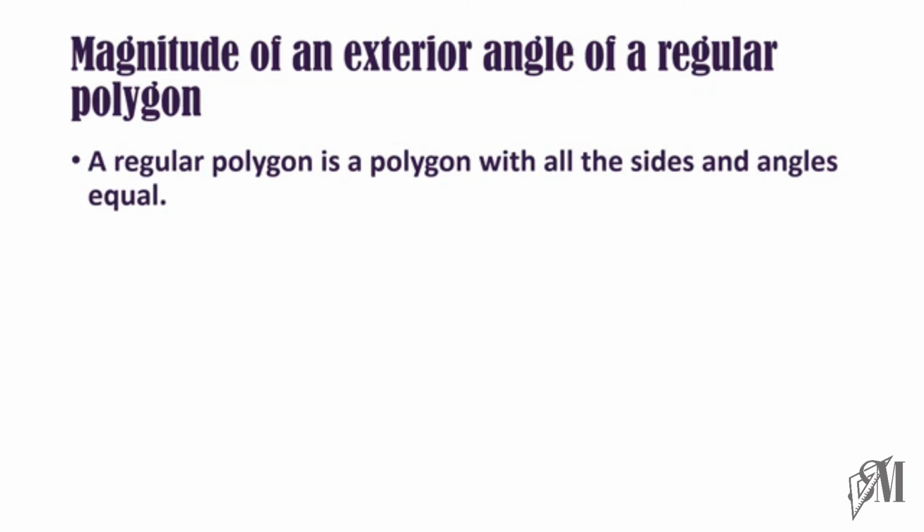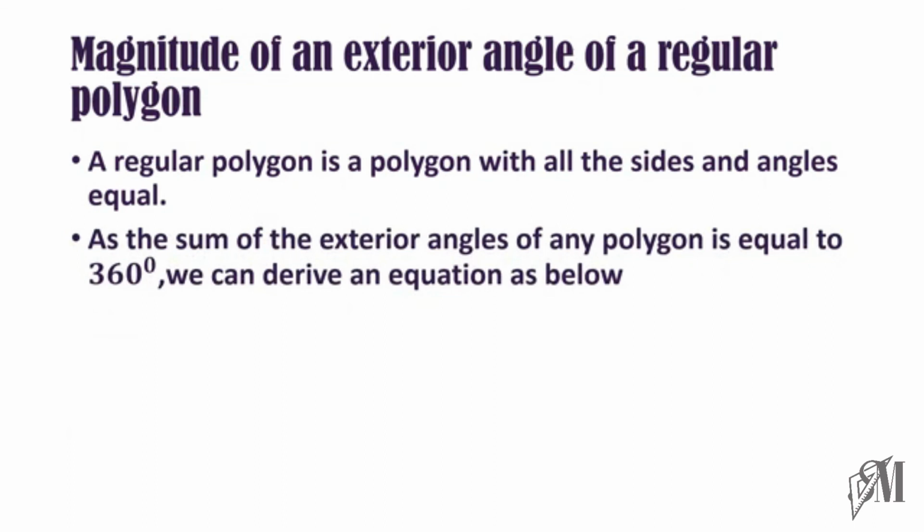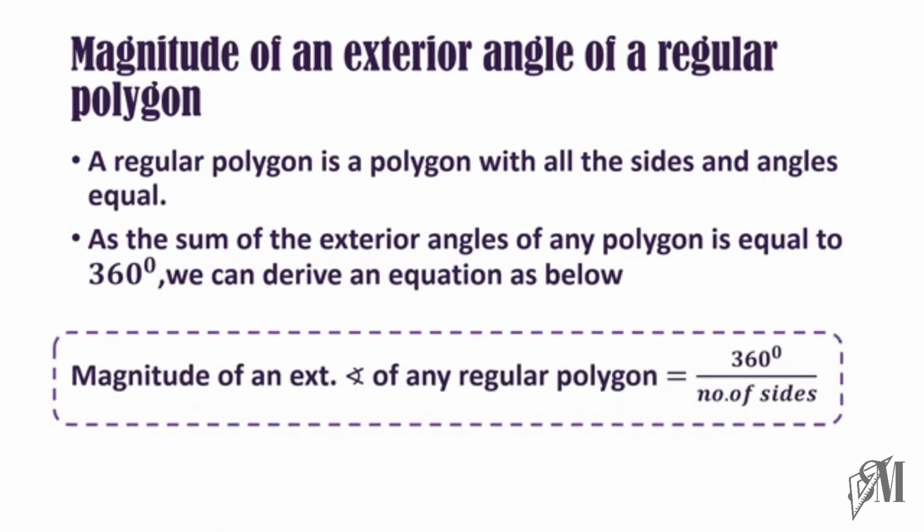Now, here, what we are going to find out is the magnitude of an exterior angle of a regular polygon. You know, the sum of exterior angles of any polygon is equal to 360 degrees. So, we can derive an equation like this. Magnitude of an exterior angle of a regular polygon is equal to 360 divided by the number of sides.